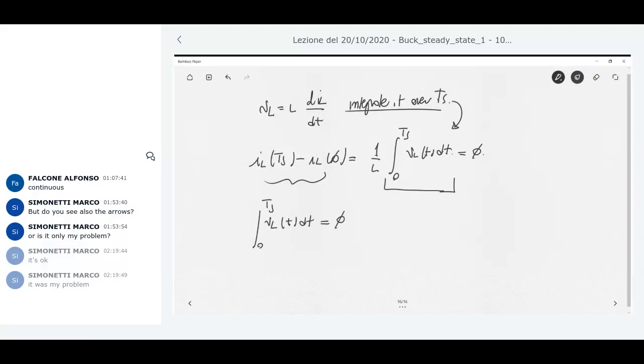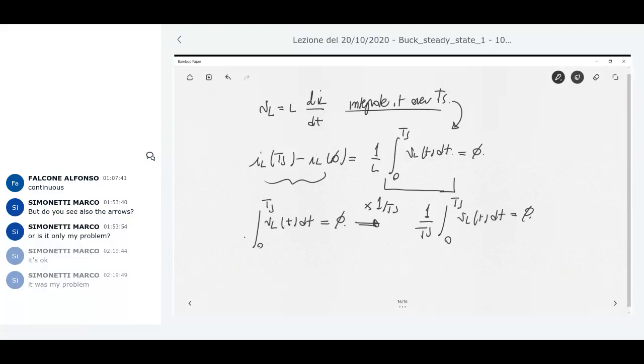Now what happens if I multiply these 0 quantities by non-zero quantities? Nothing changes. So if I multiply by 1 over Ts, this quantity is again 0. This is 0, and multiplied by a non-zero quantity is again 0.